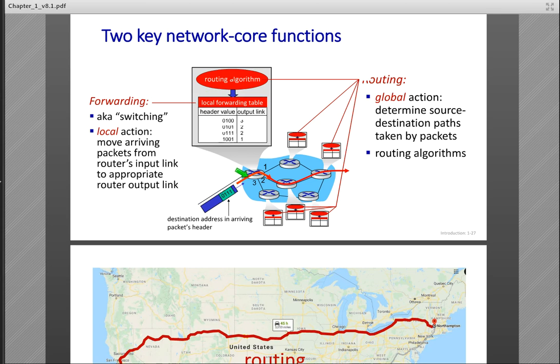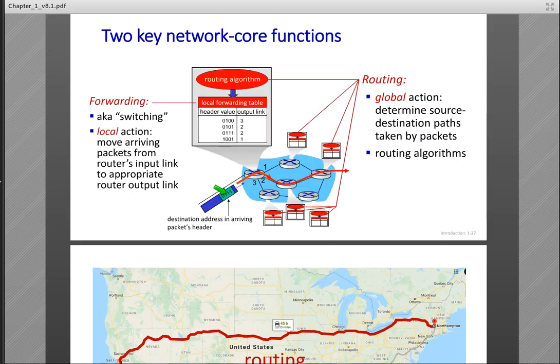Then when a packet arrives at the router, we should check its destination address.